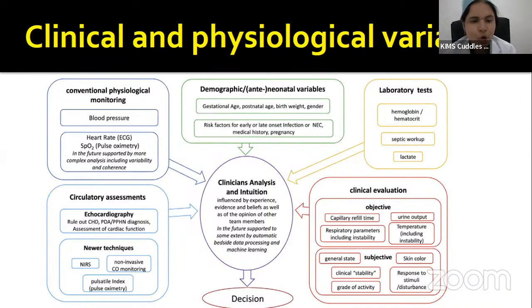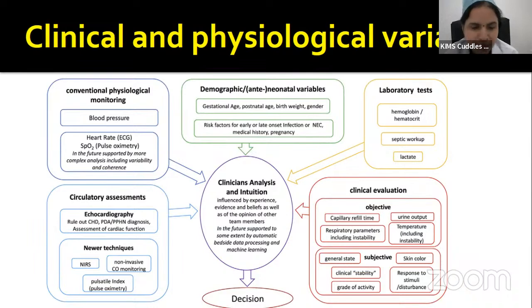Effectively, we use some conventional clinical parameters like heart rate, blood pressure, capillary refill time, and pulse volume. Then there are some lab markers like hemoglobin, base excess, and lactate levels, and some echocardiographic markers which indicate the volume status, the preload, the myocardial contractility, as well as the left ventricular output.